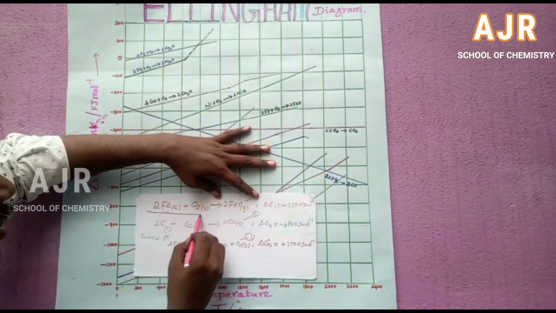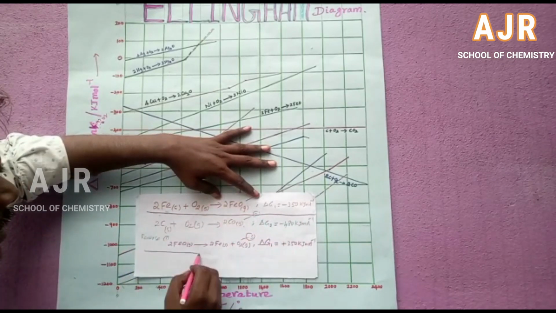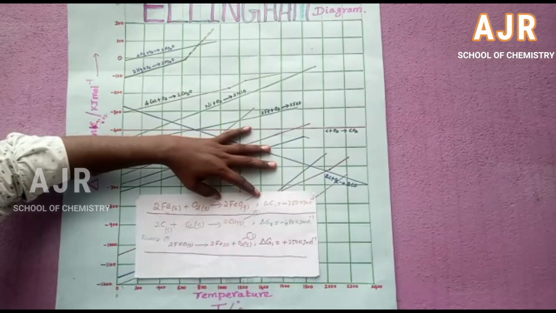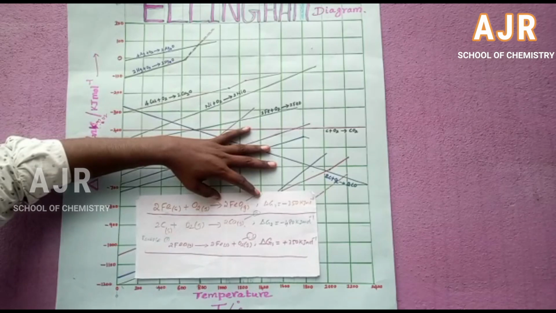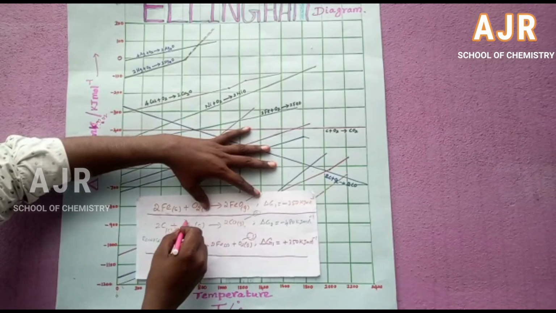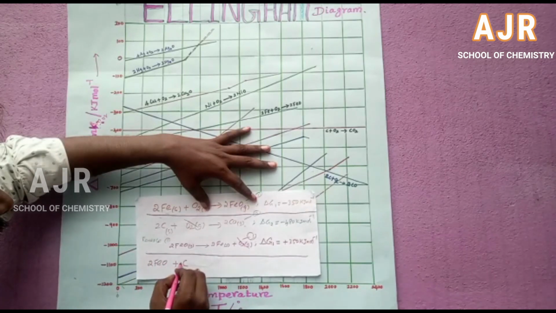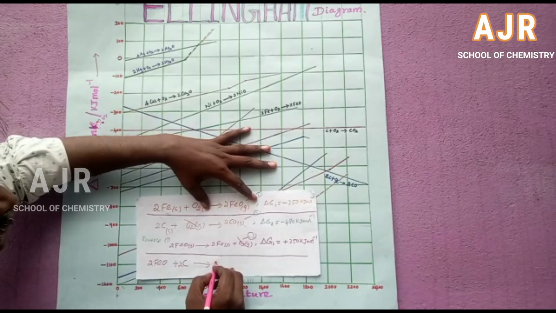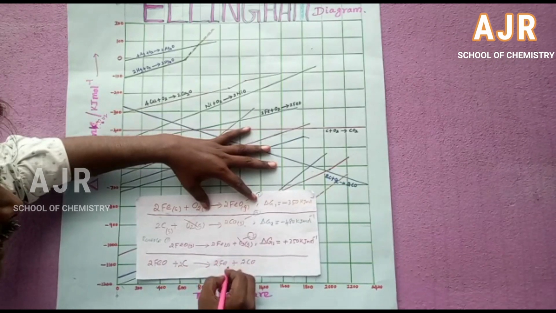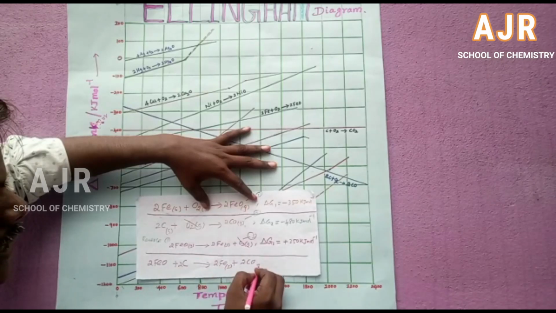Let this be equation number 3. Now forget about equation number 1. Now you add both equation 2 and 3. If you add, the oxygen is cancelled. You will get 2FeO plus 2C giving 2Fe plus 2CO.